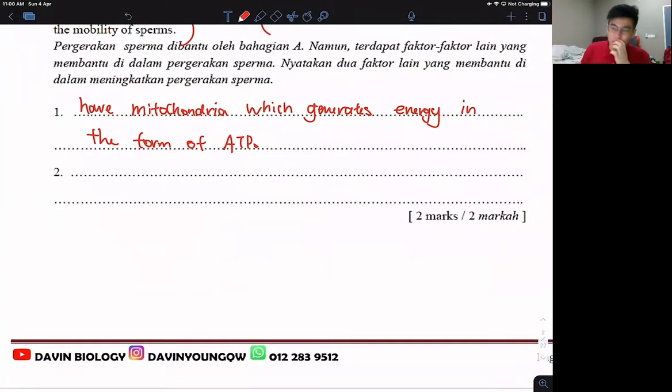This one I didn't teach just now, but inside the male reproductive system, there's a part that produces a kind of fluid. It's actually the prostate gland.